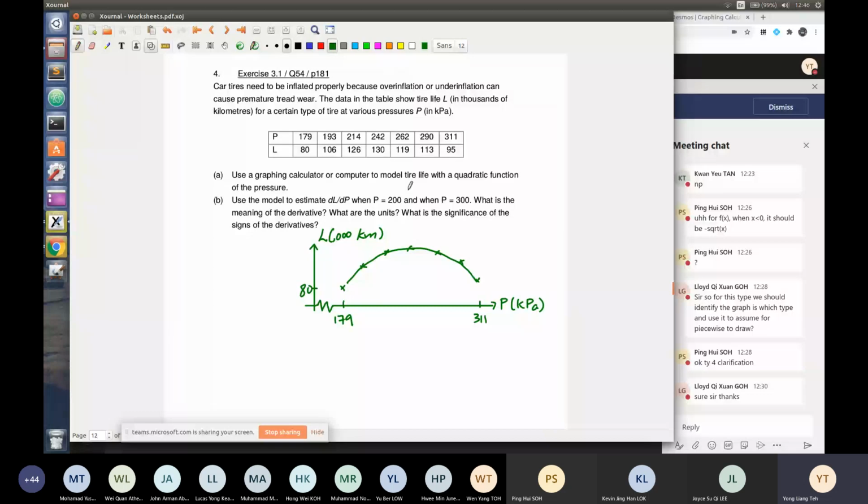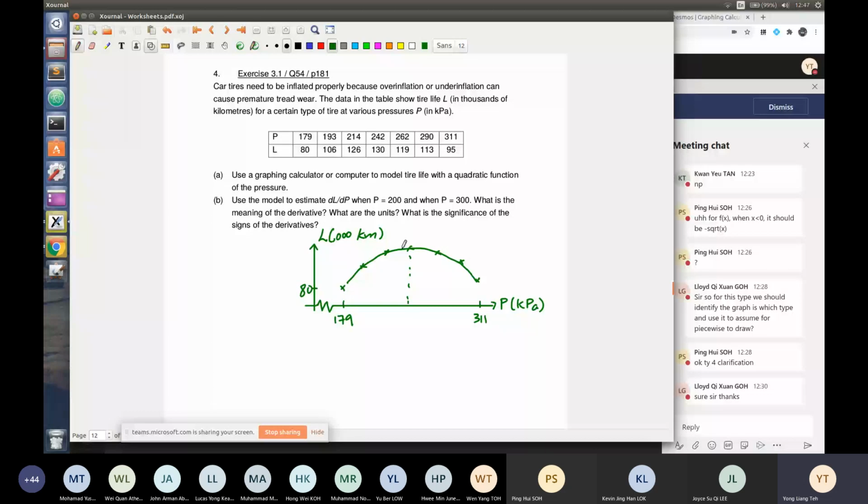By eyeballing this, we see that the ideal pressure appears to be at 242. Maybe this is my maximum point. It may not be the absolute maximum, because the way you curve fit this may result in a point on the line that is higher than this point.